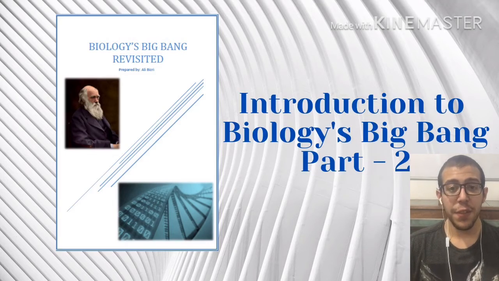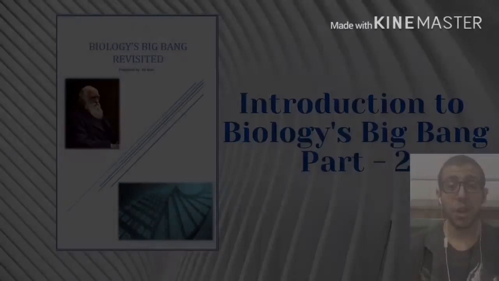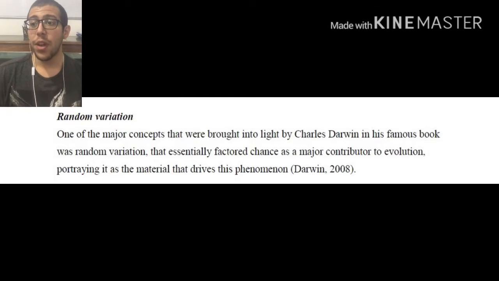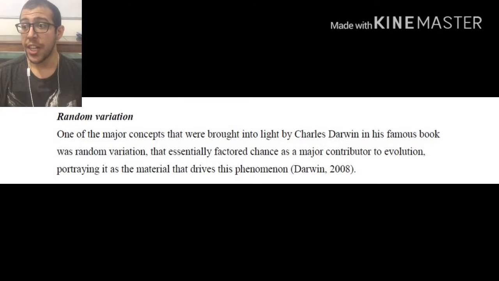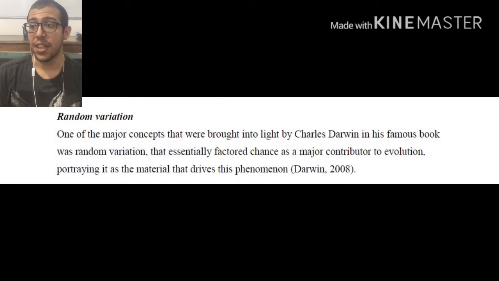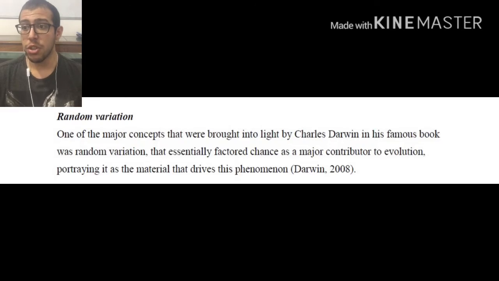So in this video, first of all, we're going to be talking about random variation. One of the major concepts that were brought into light by Charles Darwin in his famous book was random variation, that essentially factored chance as a major contributor to evolution, portraying it as the material that drives this phenomenon.